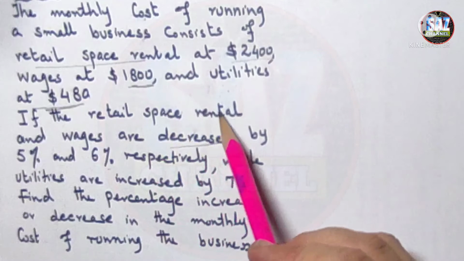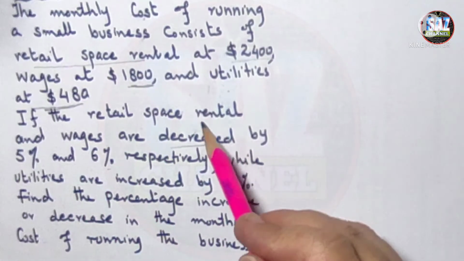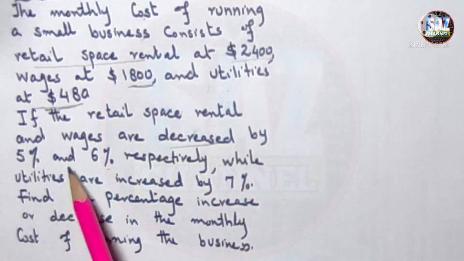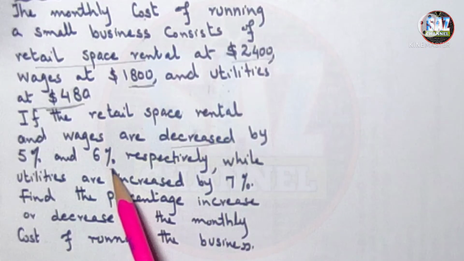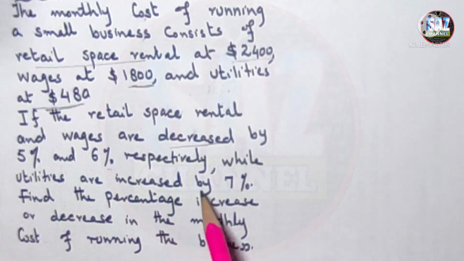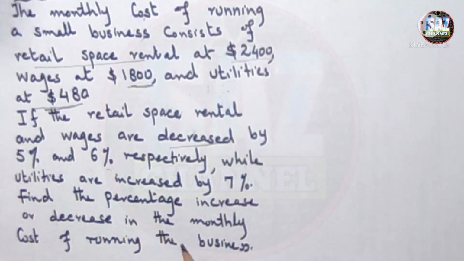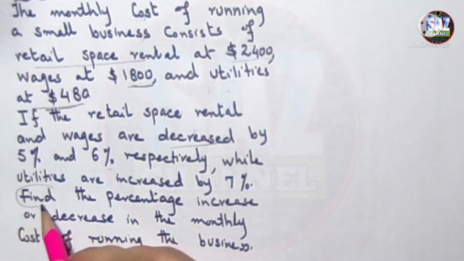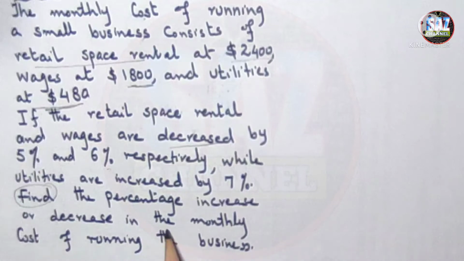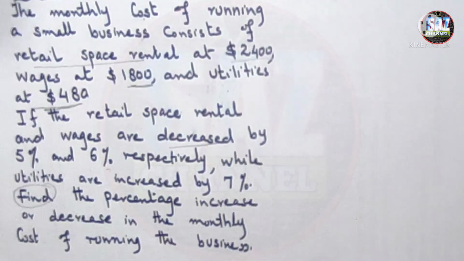If the retail space rental and wages are decreased by 5% and 6% respectively, while utilities are increased by 7%, find the percentage increase or decrease in the monthly cost of running the business.